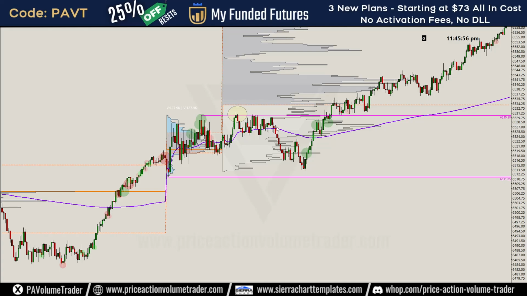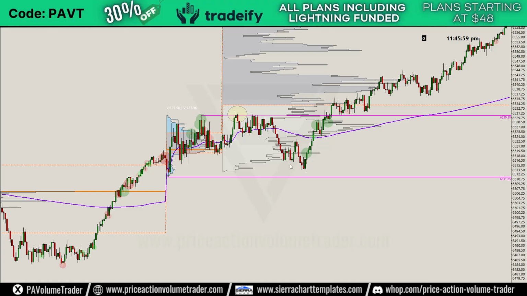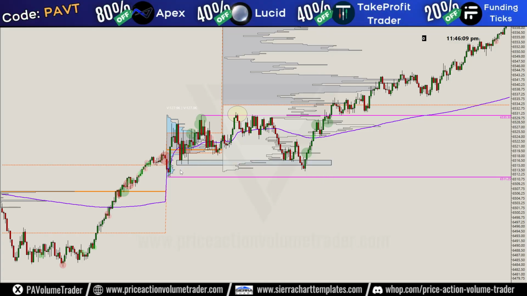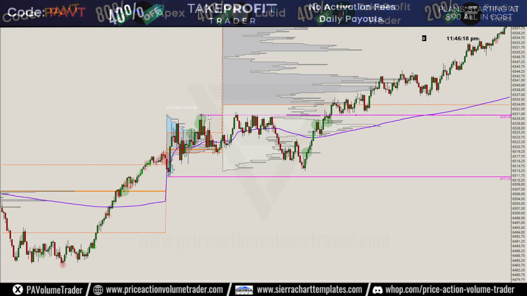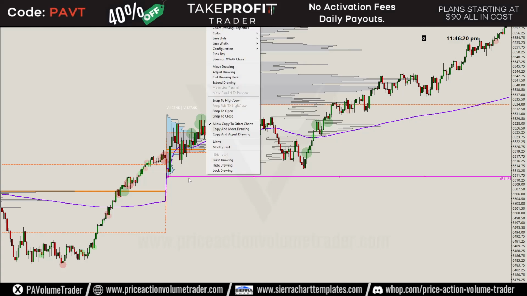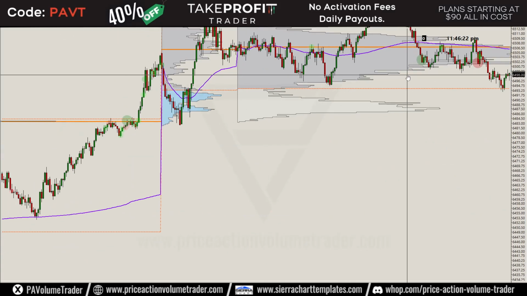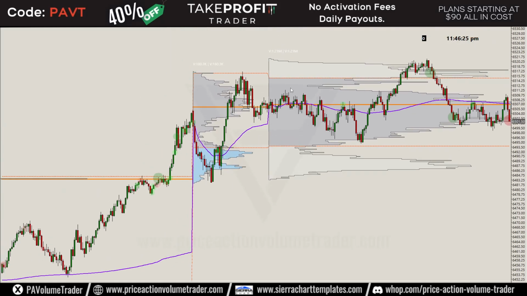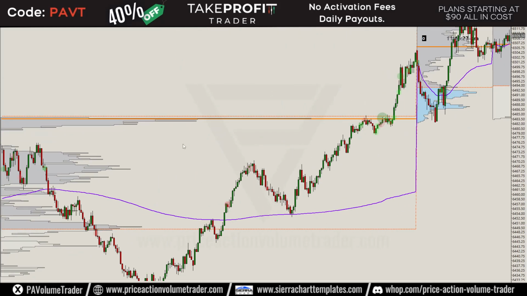We actually started chopping here, but then eventually we did have the breakdown, which took price all the way down pretty much into this area of support that we got during the extended trading hours session. If we keep going back, here you can see nothing happened.